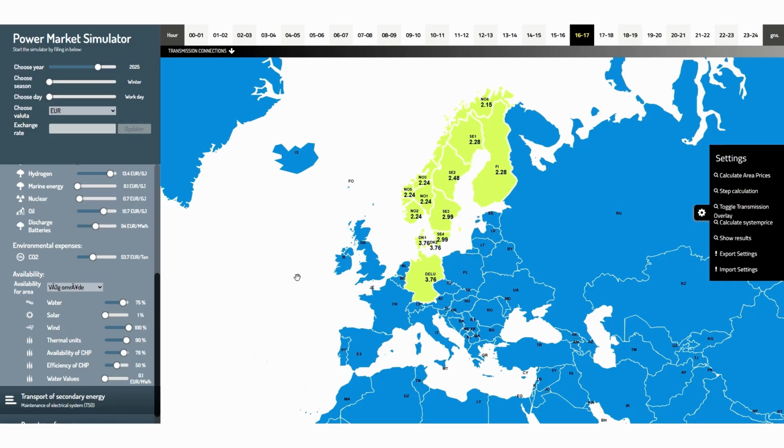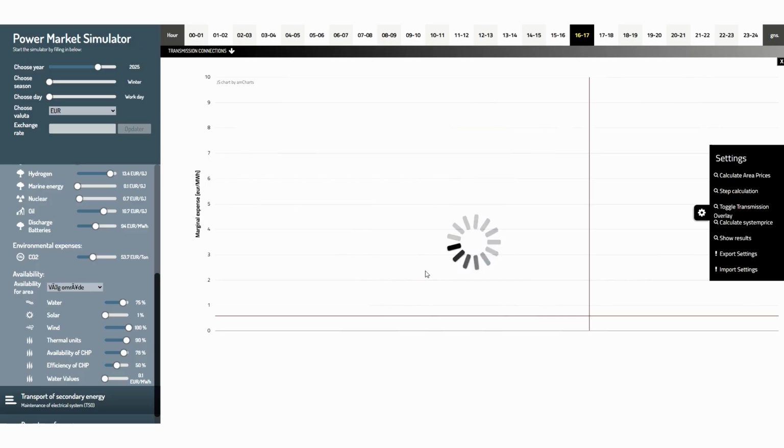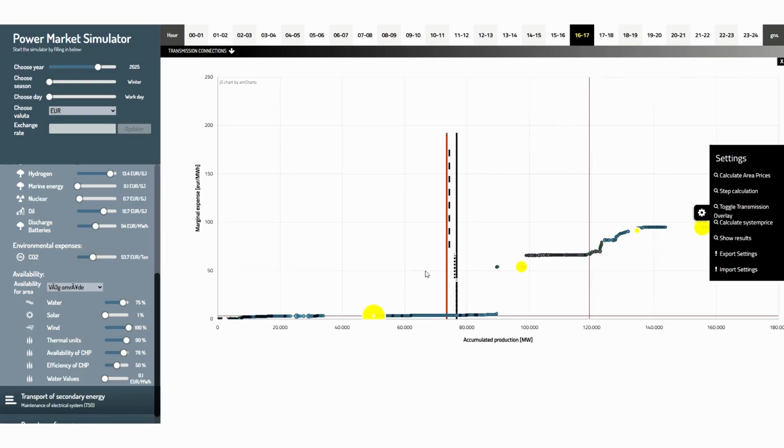And what you can see now is that the prices in Germany and in DK1 and DK2 have reduced considerably, and also the price in Finland. If you look at which unit could be the price setting unit, you can right click on Germany, and then you can see the supply and demand curve for Germany. You can see this is the production, this is the demand.